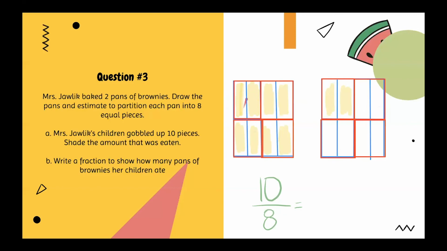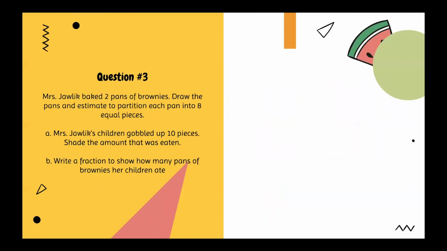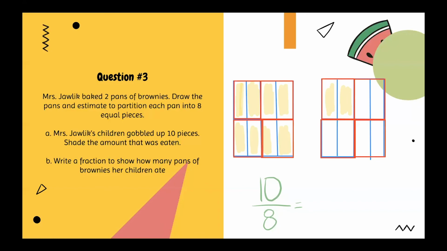So here's 1 piece, here's a second piece, here's a third piece, fourth piece. And we're looking at those squares. So let's look at that. I'm going to just erase that middle line that is in it.